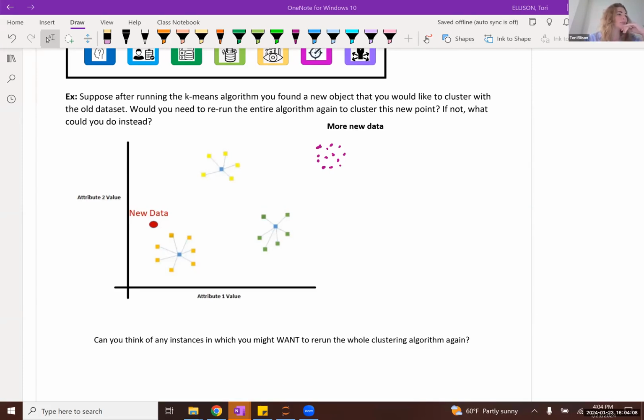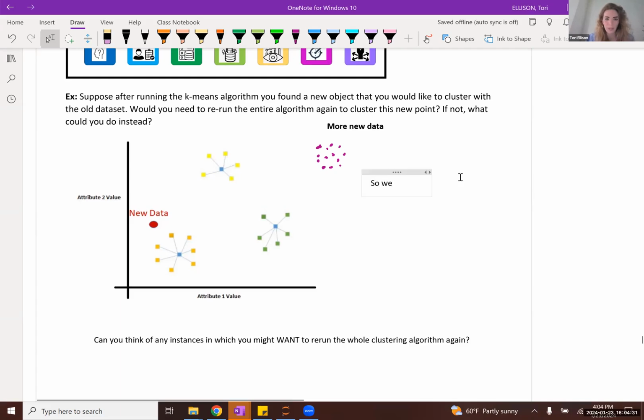So we can manually assign an observation to one of the existing clusters. And then how might we go about doing that? Yeah, exactly. One way we could do that is simply to assign that point to the closest existing centroid from the last clustering that we created.